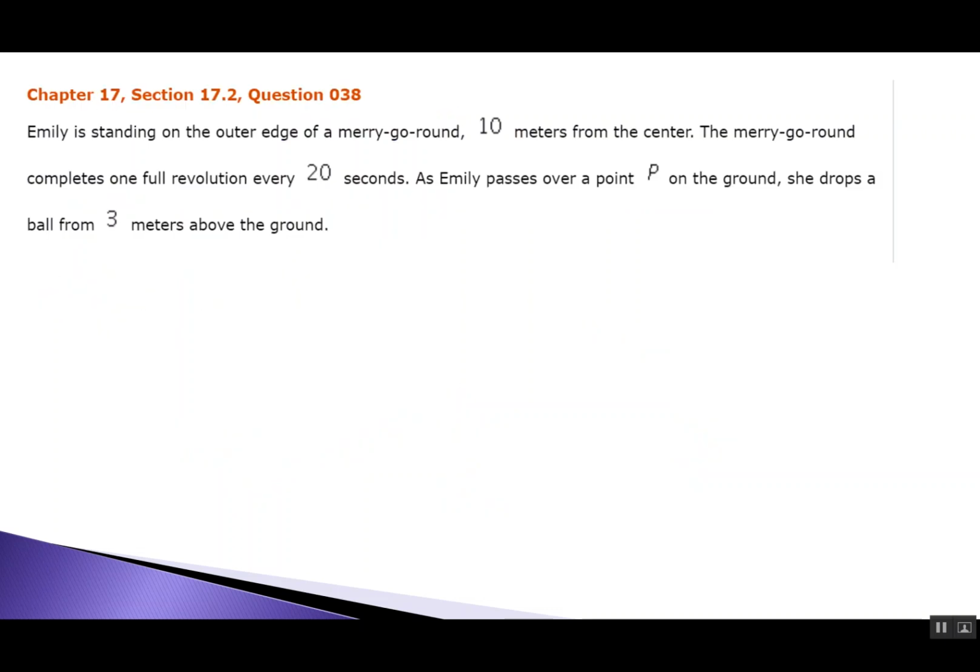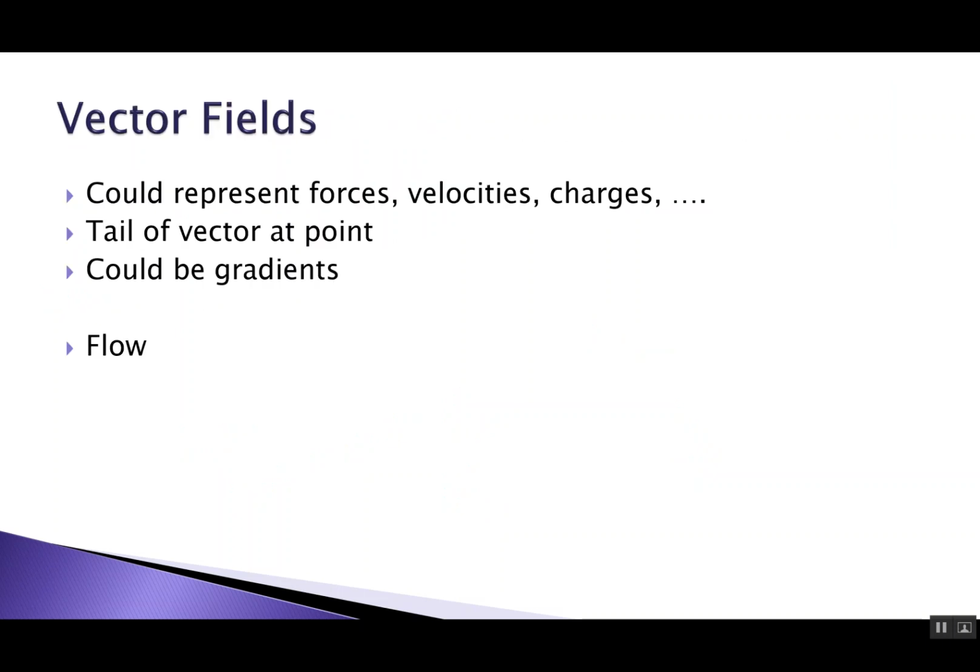All right, moving on. We're going to do Emily in class as an example, so I'm going to skip that, and let's go on to the next part. So that's motion. Now we're going to talk about vector fields, and the rest of our semester is going to be spent working with vector fields. These can represent forces, velocities, charges, all kinds of things. And what they are is a vector whose input has two or three variables.